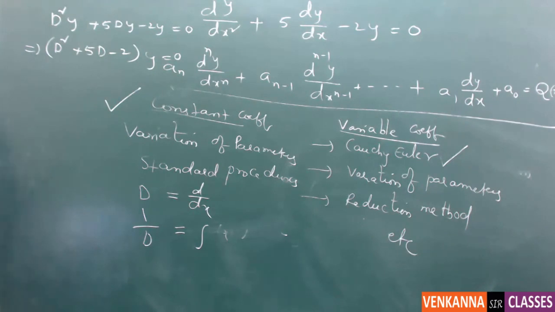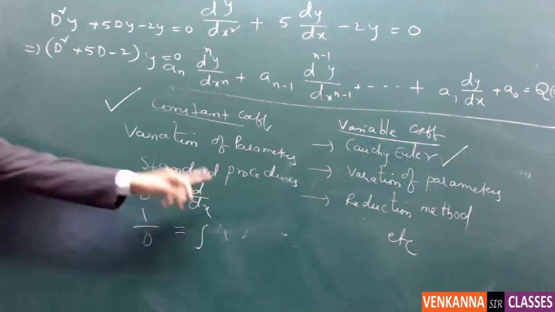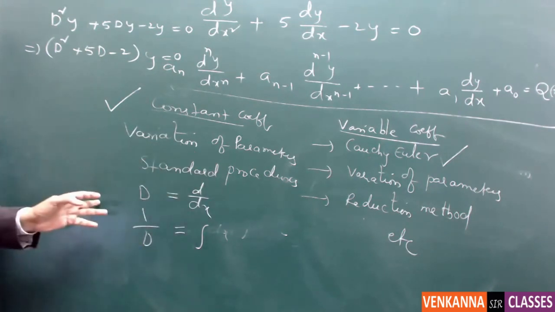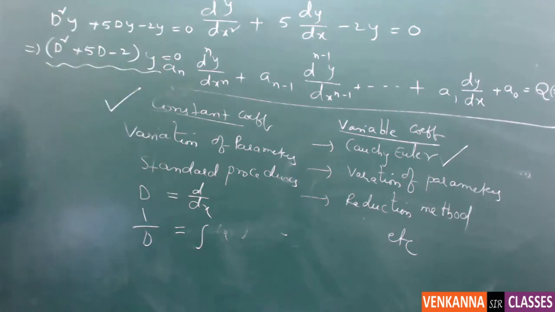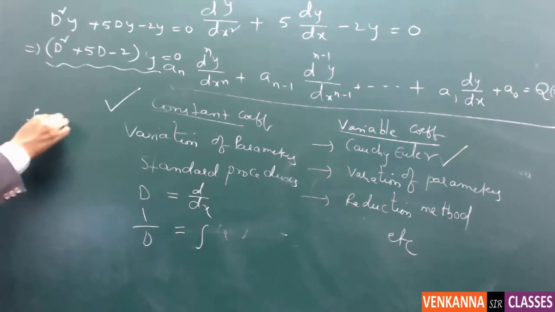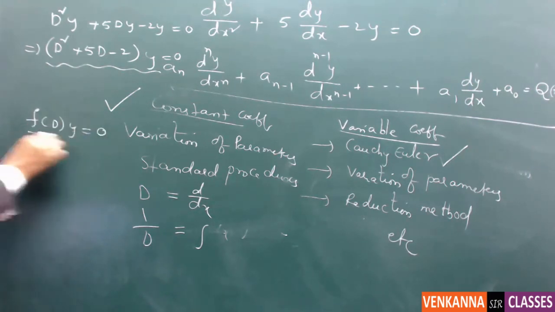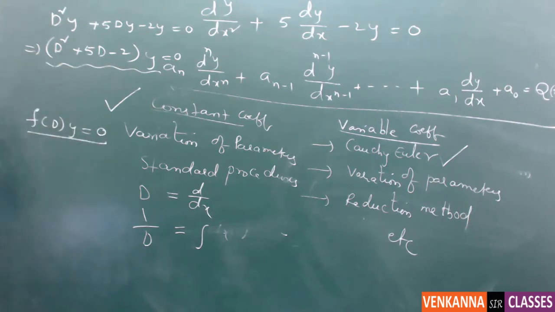So whatever the differential equation is, by using this operator notation, we represent it in this way. This is called operator form. In a simple way, we call it f of D into y equal to 0 form. Okay? Are you getting the idea? Fine.